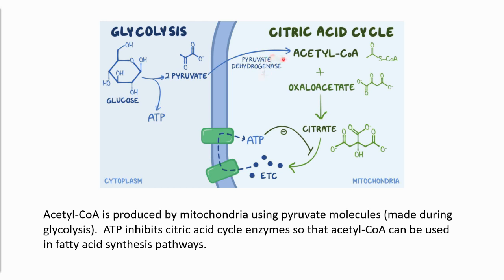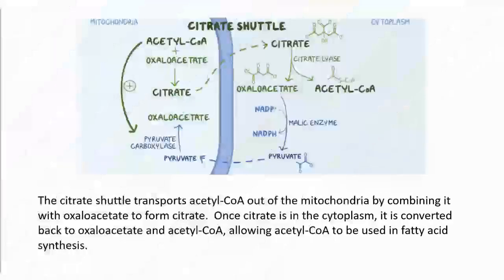Okay, and then before it enters the Krebs cycle, it forms oxaloacetate and then citrate. Okay, so usually ATP inhibits the citric acid enzyme so that acetyl coenzyme A can be used in the fatty acid synthesis pathways. Okay, now eto ngayon yung tinatawag natin na citrate shuttle.